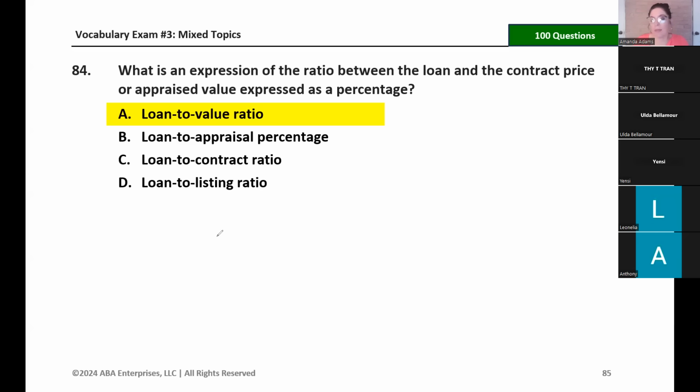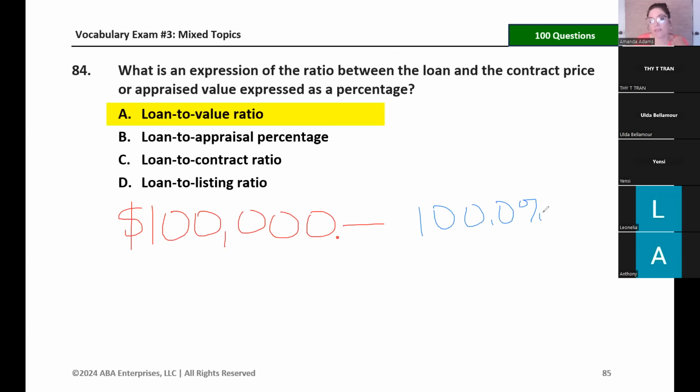So what that means, guys, is let's say that you're going to borrow $100,000 for a house. And your lender says, for this loan, we're going to require a 5% down payment. Okay. So your contract price is going to be 100,000. That would be 100%. And the lender says, well, we need a 5% down payment. Okay. So your down payment will be 5%.